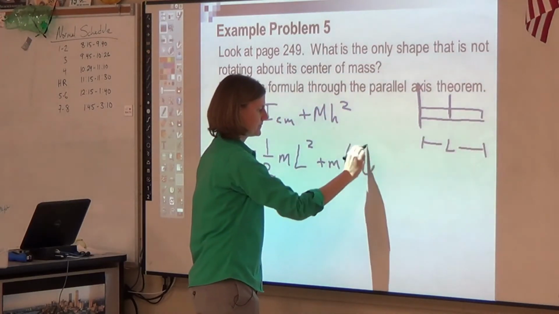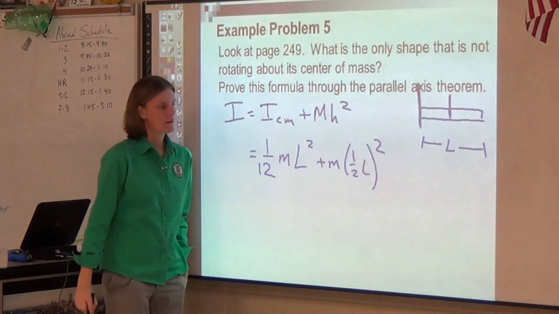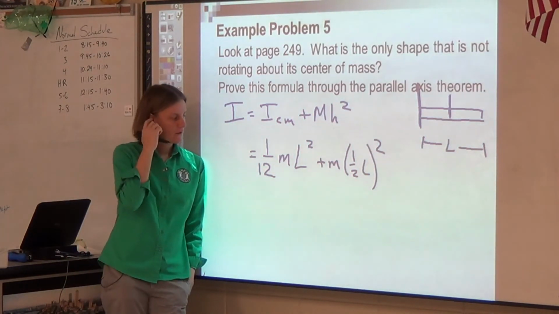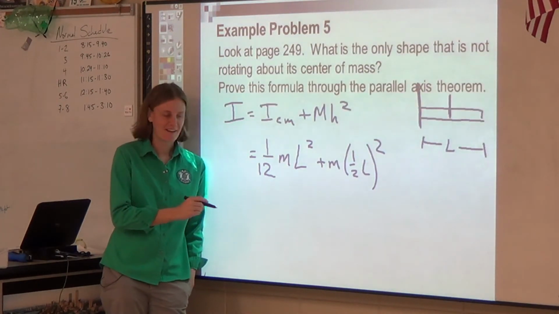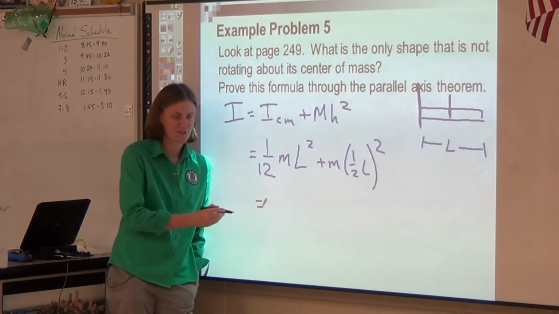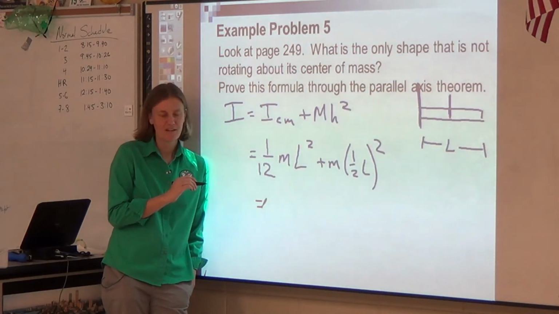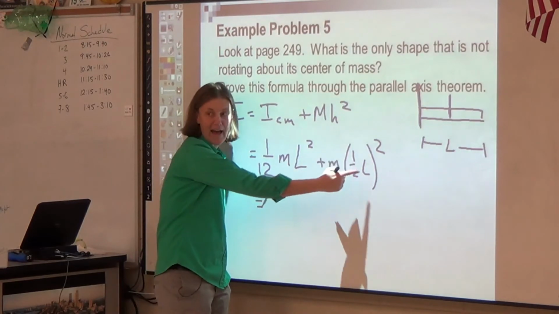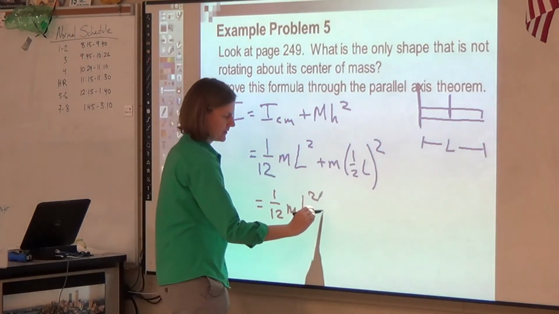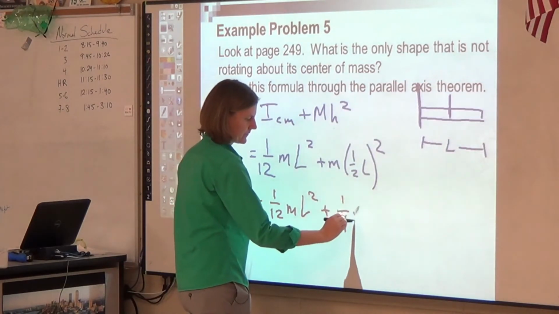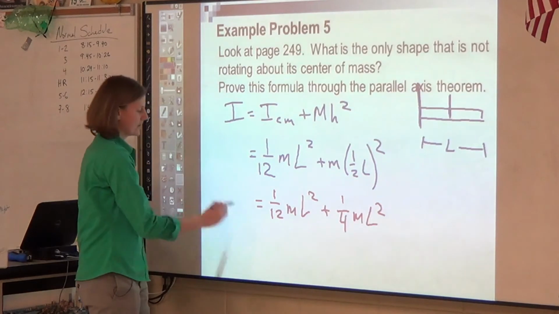So we can look up a rod rotating about its center, and that's the 1/12 m l squared. Throwing in the m h squared part for the parallel axis theorem, of course m is m, but h is the distance from the center of mass's axis to the new axis, so that's why we said half L. That is a straight line perpendicular distance between those two axes. Now, of course, you're squaring a fraction, so be a little careful there.